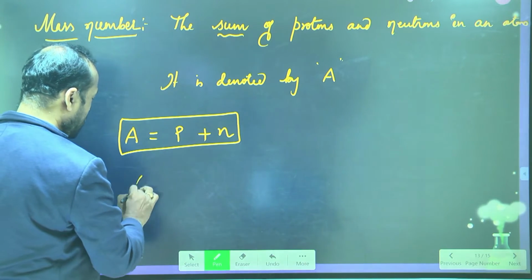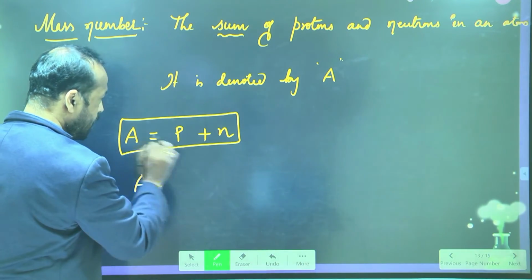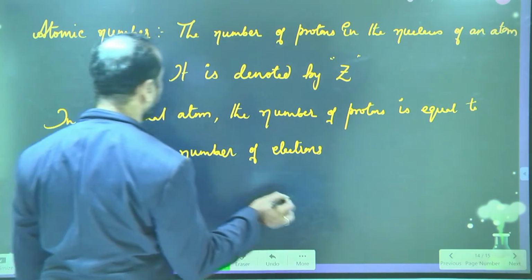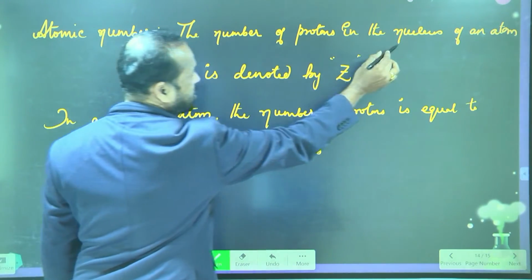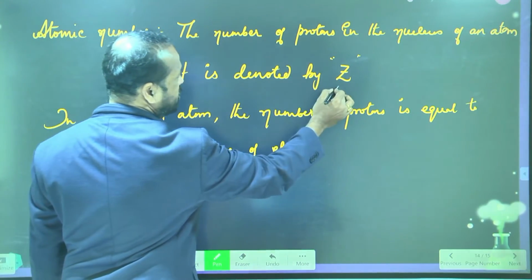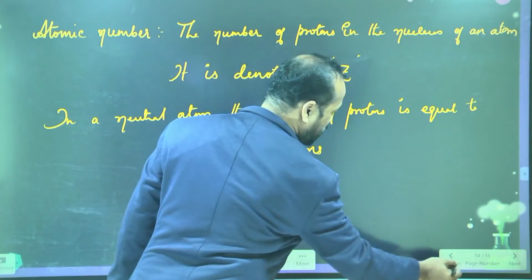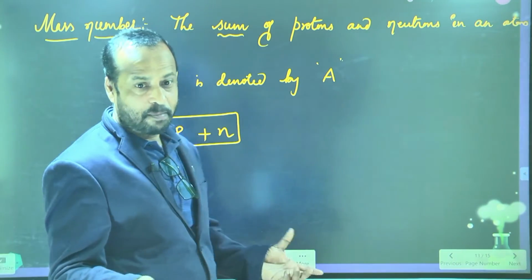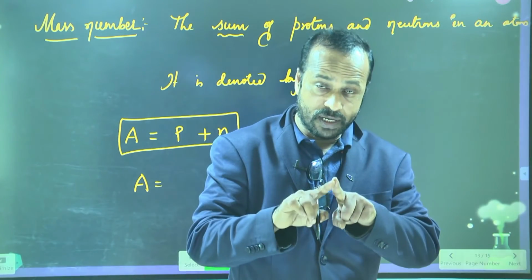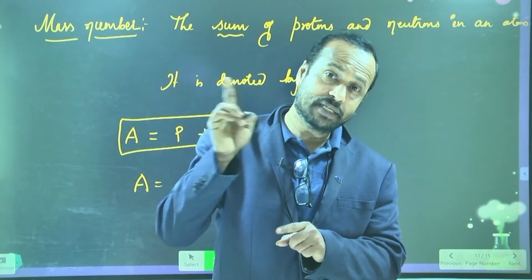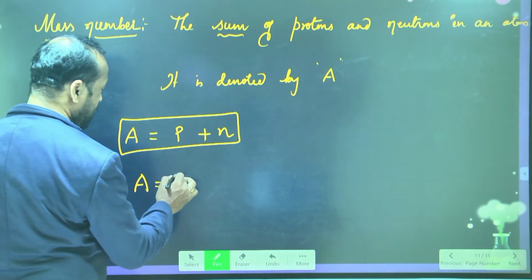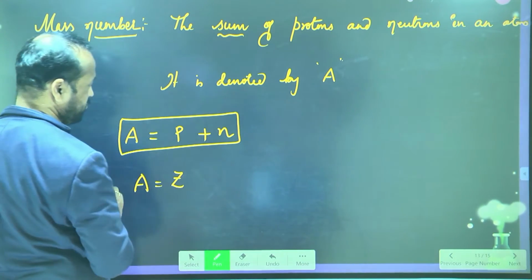Now you see, in the previous slide, P means the number of protons, no? The number of protons is called the atomic number and it is denoted by Z. So instead of writing P, I can write Z here.